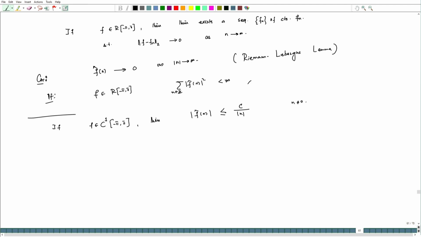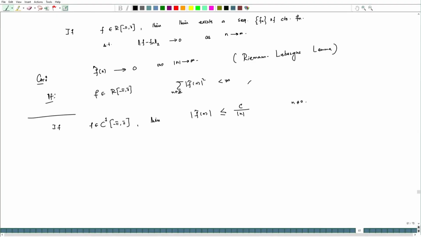So, now it is natural to ask that if f is C1, then can we conclude that the partial sum converges to f everywhere pointwise? Certainly, this decay condition is not going to give us the convergence, because we know that the 1 by n series does not converge.